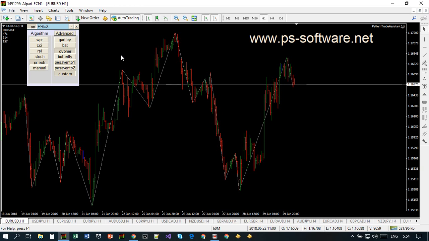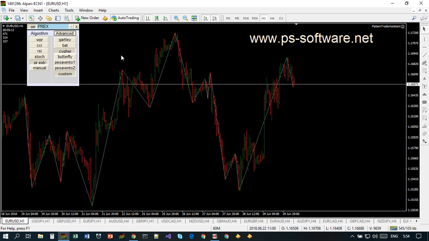Maybe I came back to origins, when there was no division between bats and Gartleys. So it would not be correct to say that I developed this pattern or that I'm the founder of it. I simply call it my pattern because I use specified rules of identification for this pattern, and specified rules for trade execution and trade management. This is the only reason.